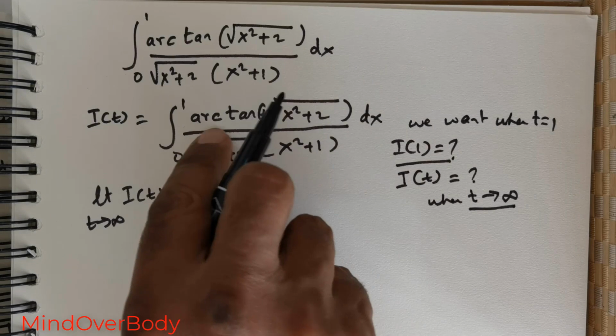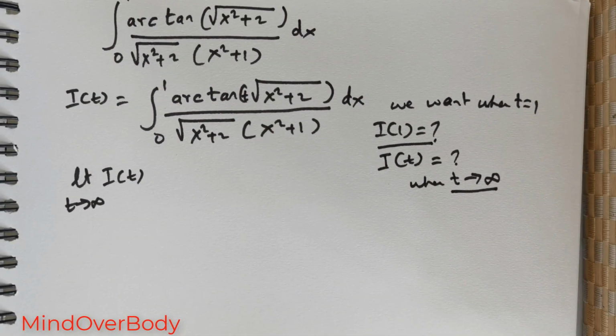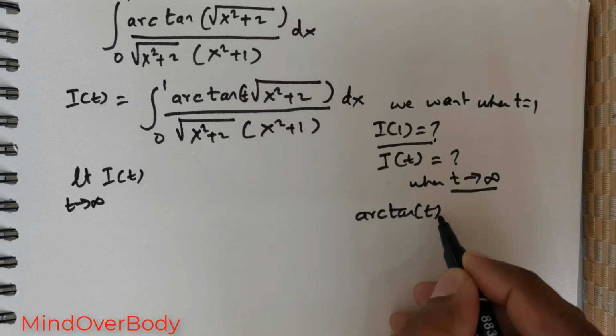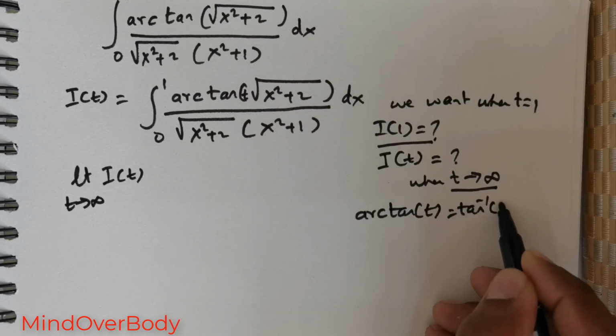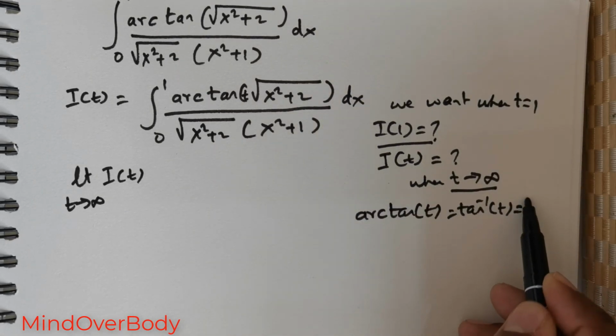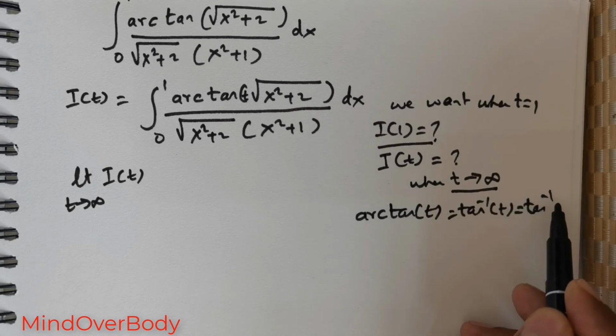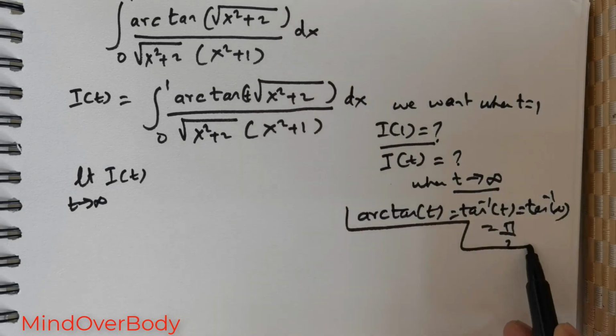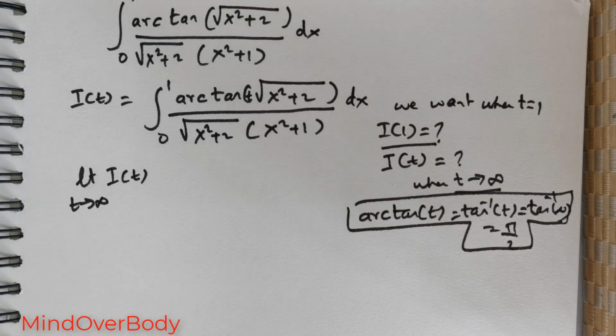So arctan of t. Now what is arctan of t? If I were to write this as arctan of t, this is nothing but tan inverse of t. Now t is heading to infinity, so tan inverse of infinity is going to be pi over 2. So this is the all important fact that we will be utilizing.